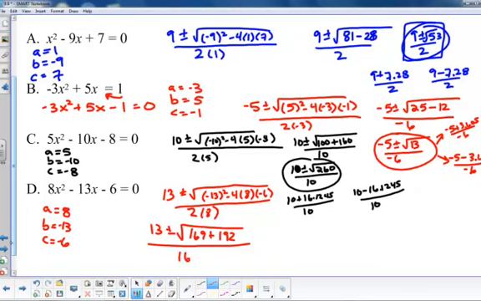So 169 plus 192 is 361. So 13 plus or minus square root of 361 divided by 16. The square root of 361 is 19. So in this case, we should simplify because it's simplifiable.